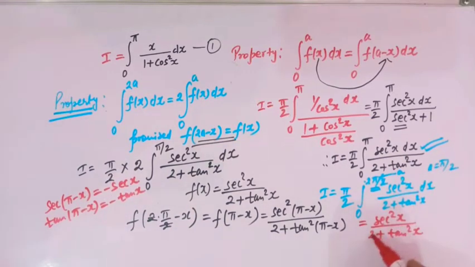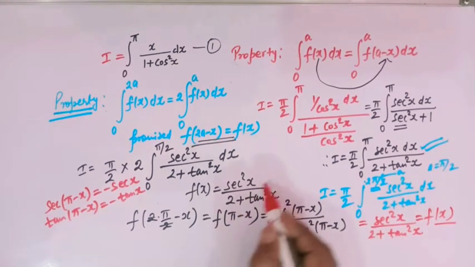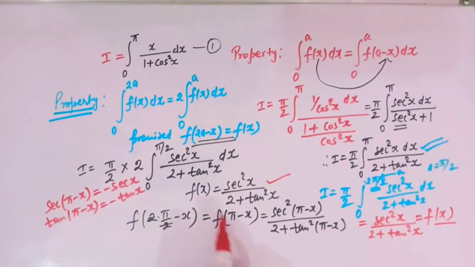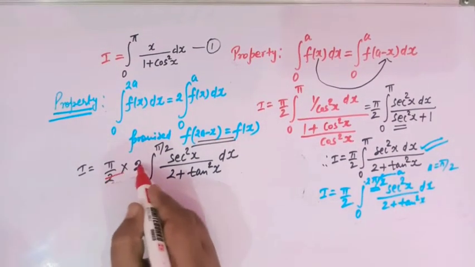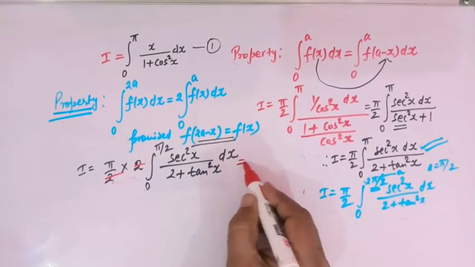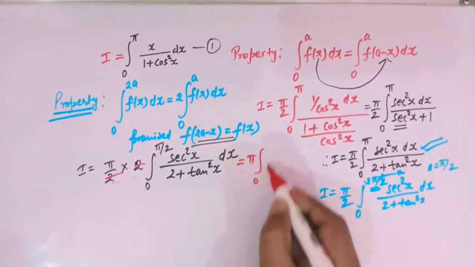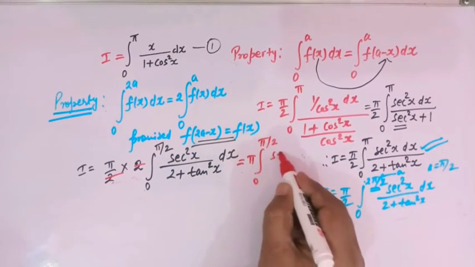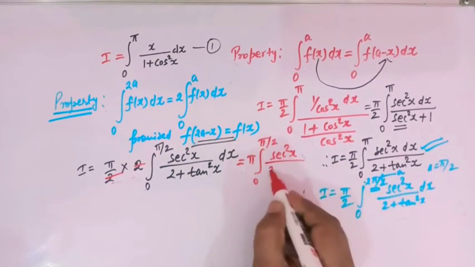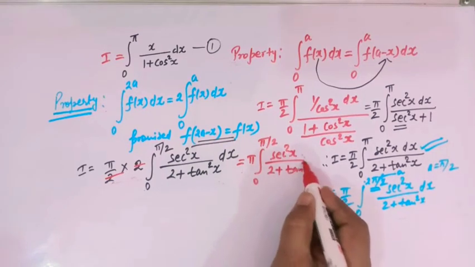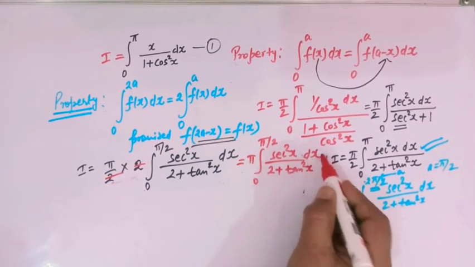This is nothing but f of x. So we see that f of 2a minus x is equal to f of x. Now this 2 and this 2 get cancelled, so we have pi times the integral from 0 to pi by 2 of secant square x over 2 plus tan square x dx.